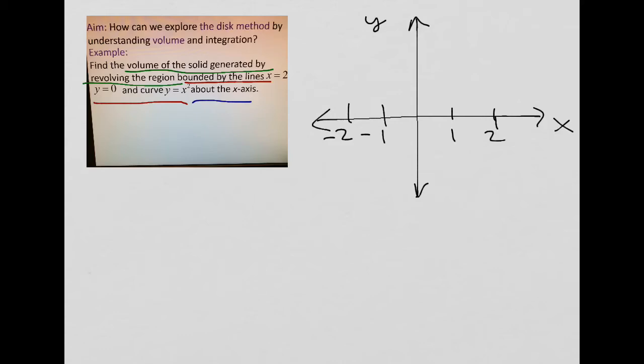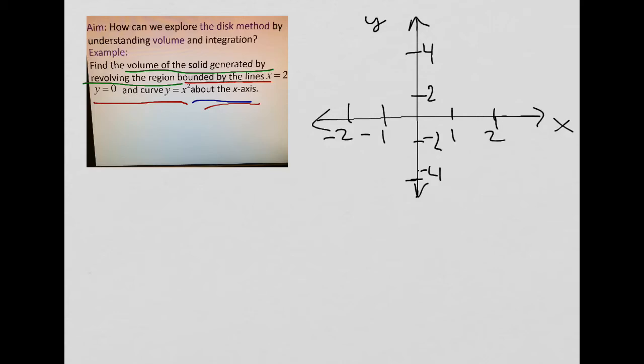It's also important, since I'm going to have the equation y equals x squared plotted, that I should probably go up to 4 on my y-axis, which means I'll go down to -4. Again, this will help when we have to reflect our region about the x-axis, which for this case it is.